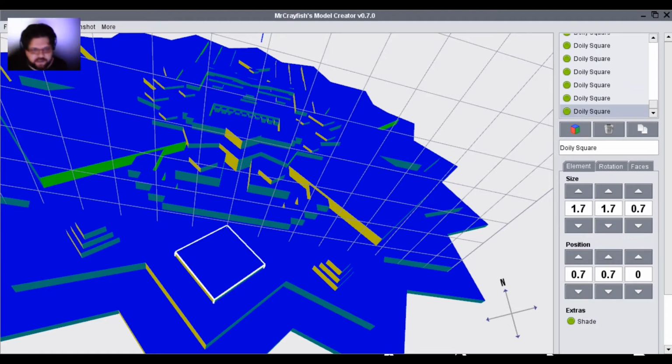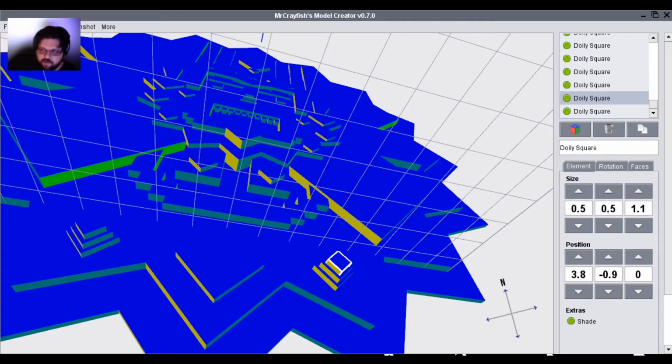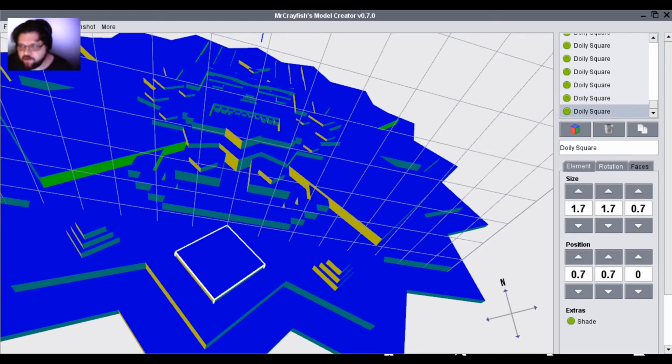So we've got this doily square down here. And you pop out to 1.1. So it goes 0.7, 0.9, 1.1. So let's pop this one here to a 0.9, a 1.1, and then a 1.3.